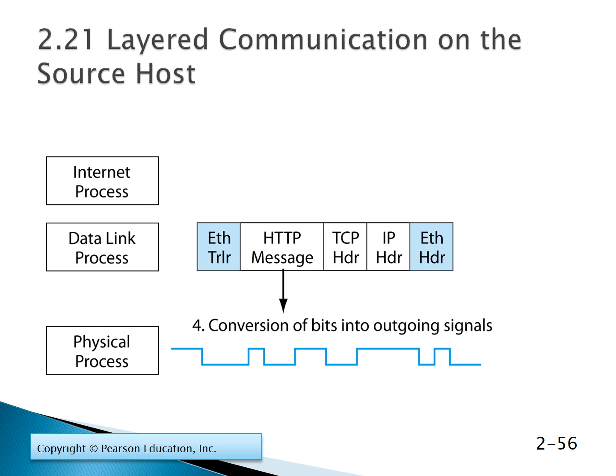We open the biggest envelope, the Ethernet message, and remove the Ethernet header, then remove the IP header, and then the TCP header. Finally the web server program on the destination will look at the HTTP message.